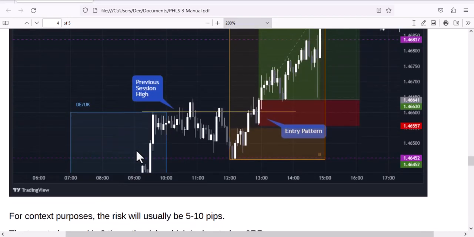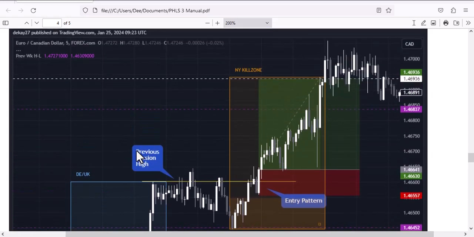Right, so as I mentioned earlier, our sessions for London are between 7 a.m. to 10 a.m. and then for New York it's between 12 p.m. to 3 p.m. So we trade in 3-hour blocks. So we see price trigger the previous session high, come down, and then go above it again.